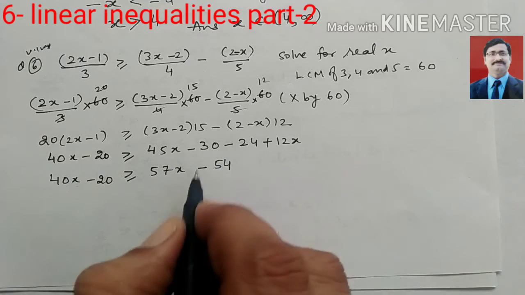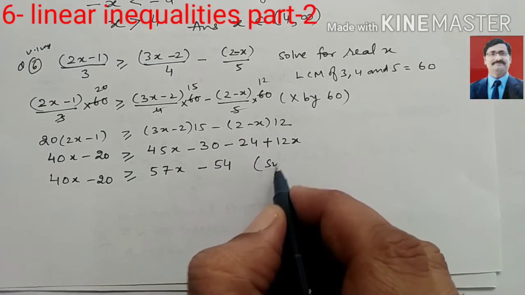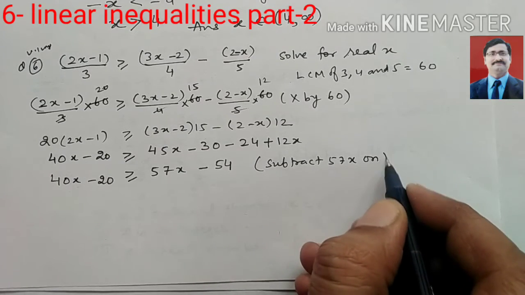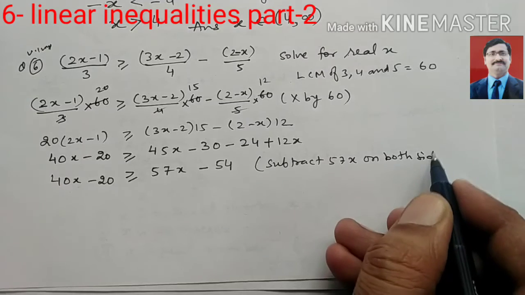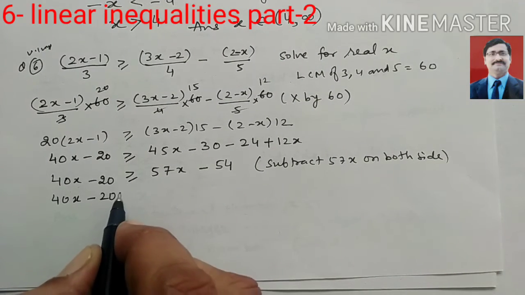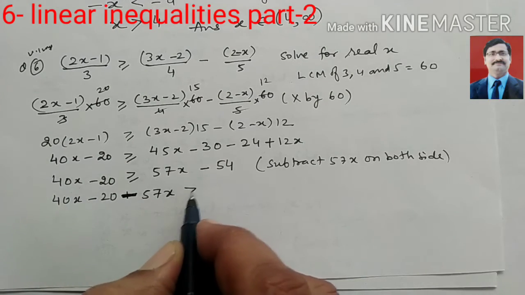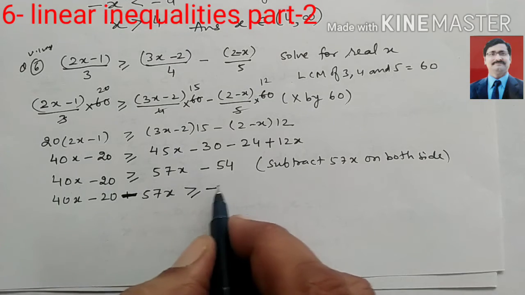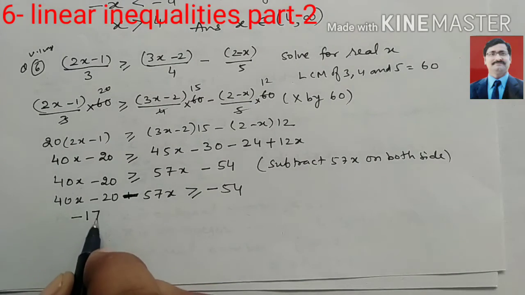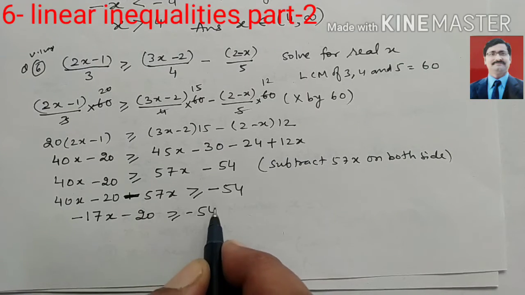Now I do not want 57x here, so you can write: subtract 57x on both sides. So we get 40x minus 20 minus 57x greater than or equal to, this cancels, minus 54. Now minus 17x minus 20 is greater than or equal to minus 54.